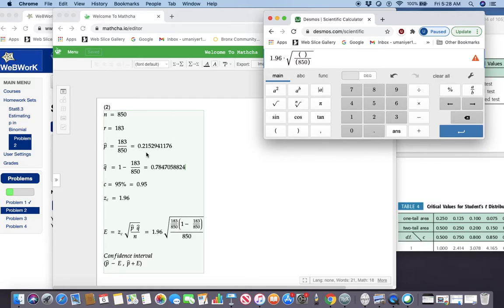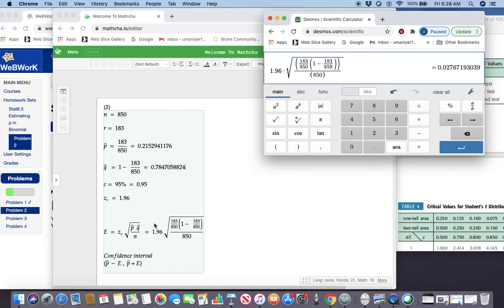You may use this approximation or simply write the fraction down: 183 divided by 850. So that was the first part. And then you're going to have another set of parentheses: 1 minus 183 divided by 850. So make sure your expression looks as it should. Okay, so that is your E.